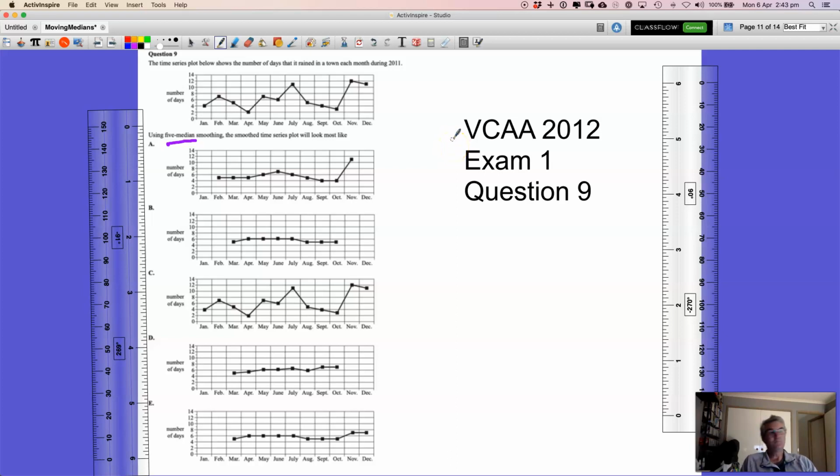So, what you need to do here is start to consider what you know about 5 median smoothing. Now, with 5 median smoothing, we exclude the last 2 months, first 2 months. Now, that means that ain't going to be an option.